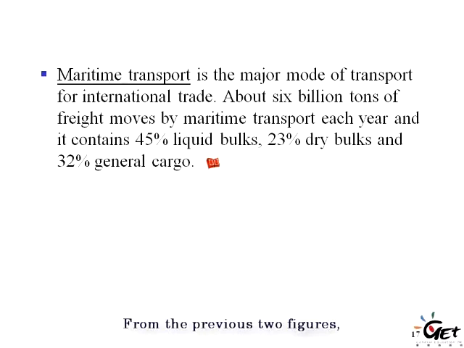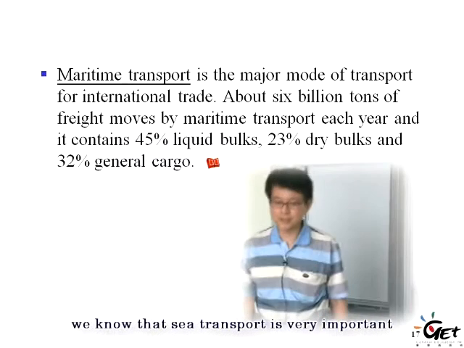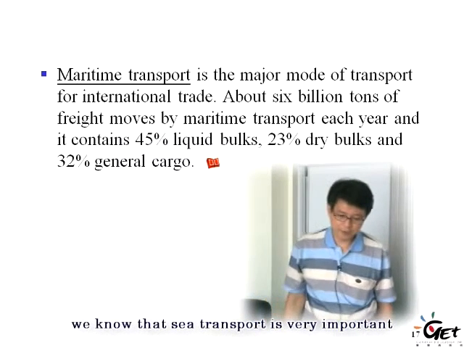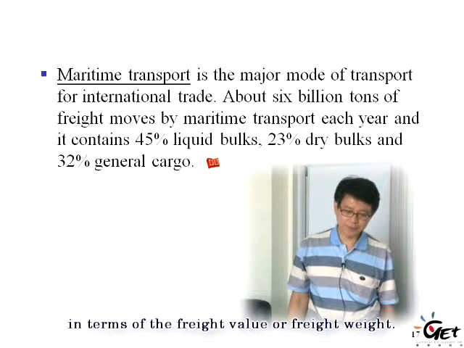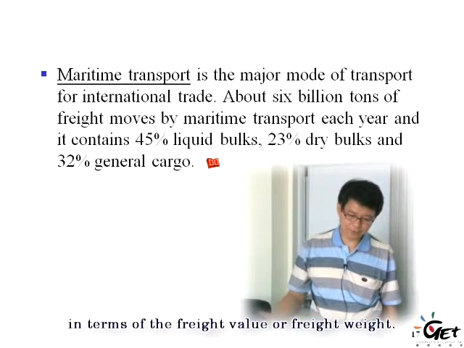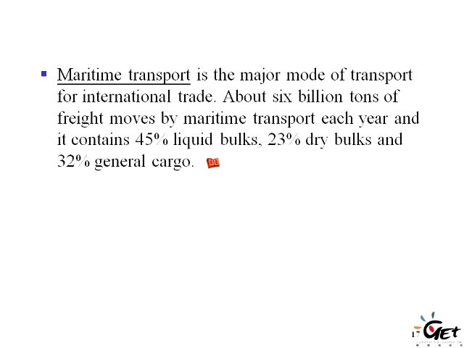In the previous two figures, we know sea transport is very important in terms of freight value or freight weight. So maritime is regarding sea transport, maybe the inland river and river transport. Maritime transport is the major mode of transport from the previous figure.